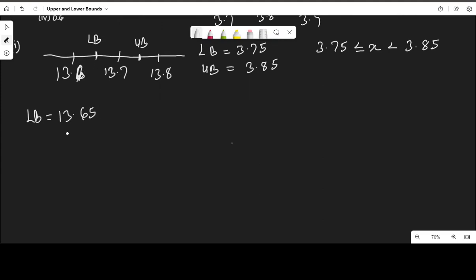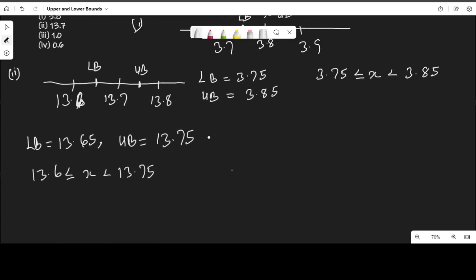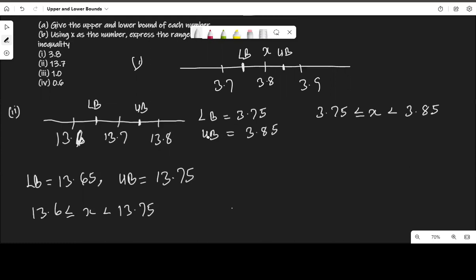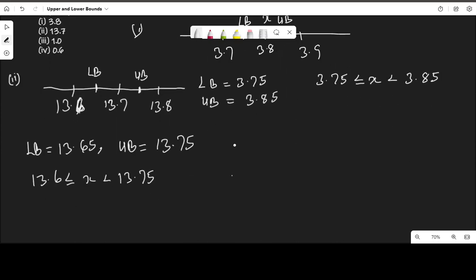That is the number there, the lower bound. The upper bound UB is 13.75. That is the number right there. Using inequality, 13.65 is less than or equal to S, and S is less than 13.75. That is that.